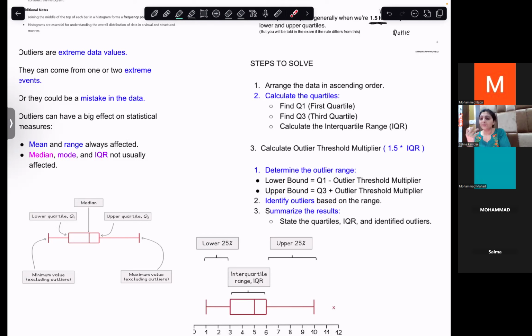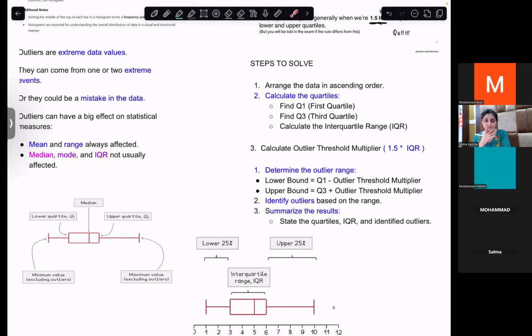So give me an example where there is a mistake in the data. A mistake would be that they were trying to enter the value 4 and they put a 0 instead. So that would make it 40. Okay, fine. So outliers have an effect on statistical measures. What are statistical measures?